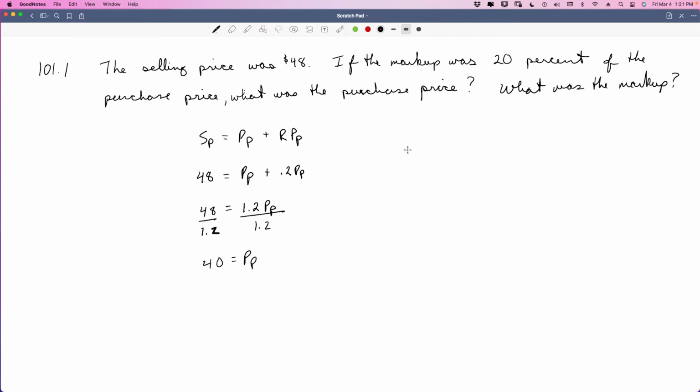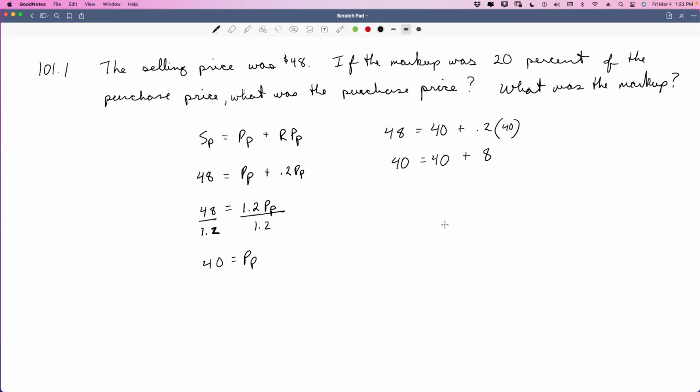So that tells us that the selling price of $48, sorry, let me write this out. The selling price of $48 is equal to the purchase price of $40 plus 20%. And when we do the math of 0.2 times 40, we get 8, so 48 is equal to 40 plus 8.